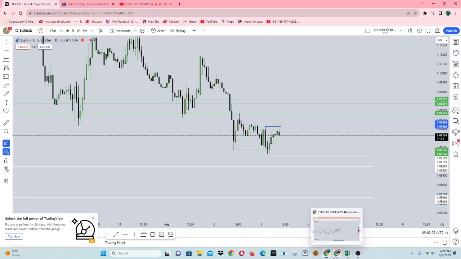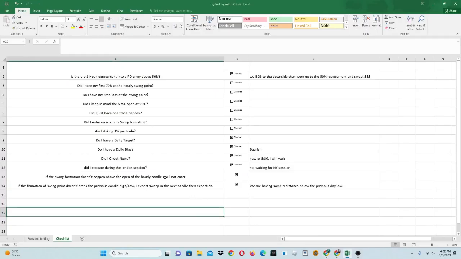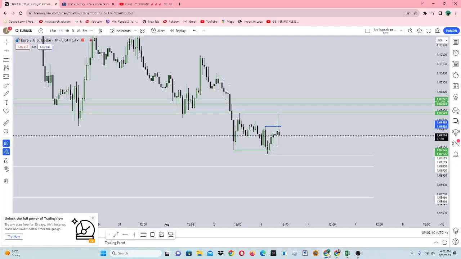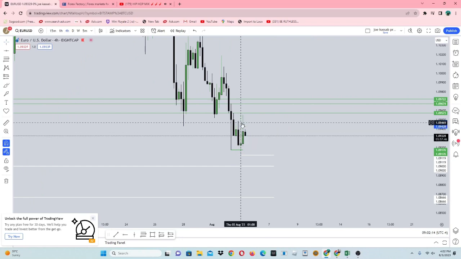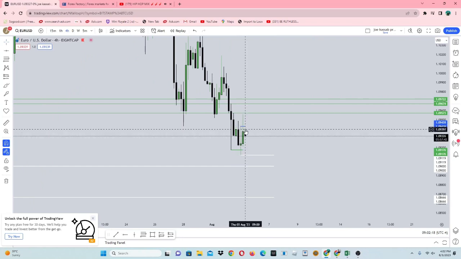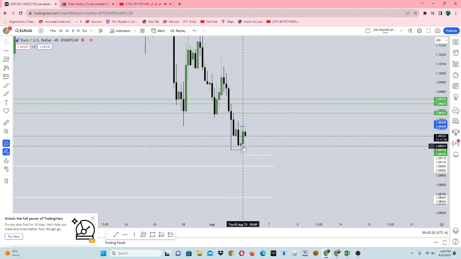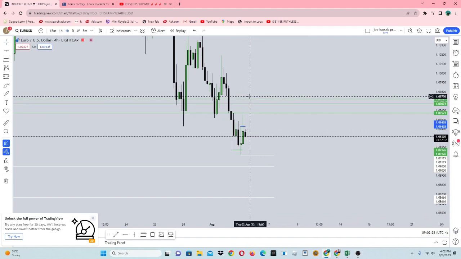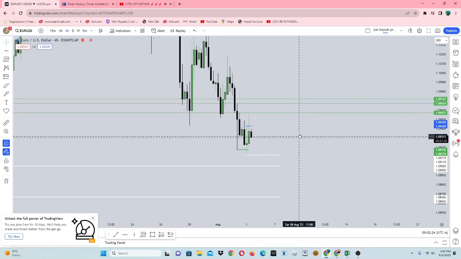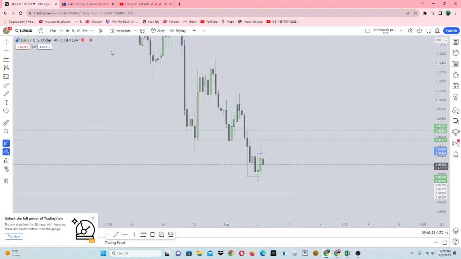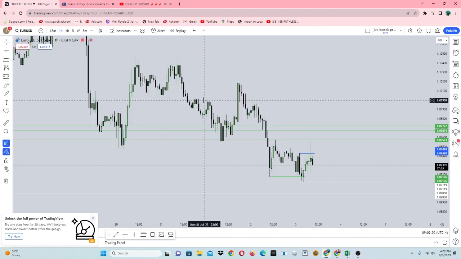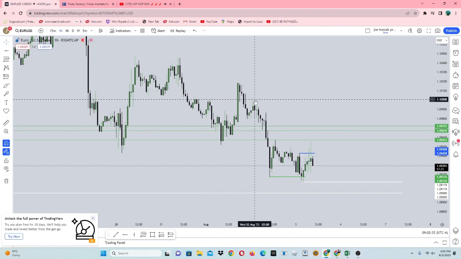Okay, so I added these two rules, more confluence, so I need the body. So for example, on the 4 hours, since the body did not close above this swing point, I will be expecting this low to be taken before we keep pushing higher, if we want to push higher. Okay, so what happened in my previous day, I took it on Wednesday, I think.